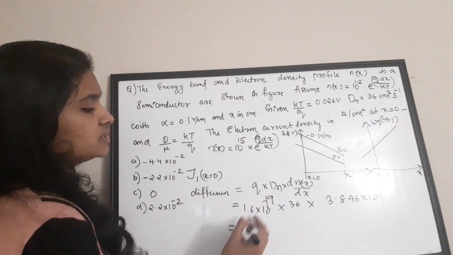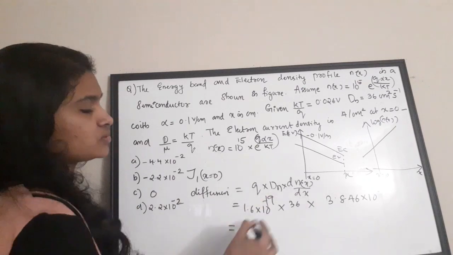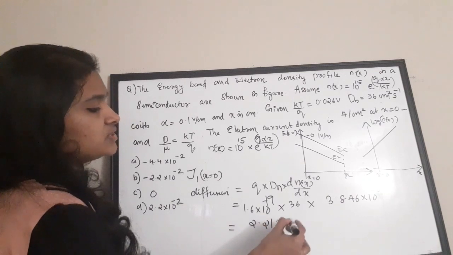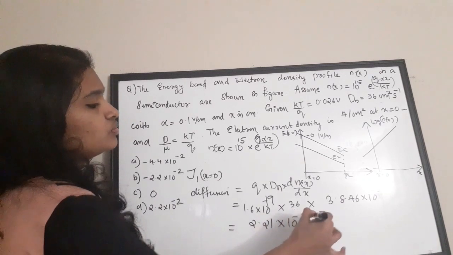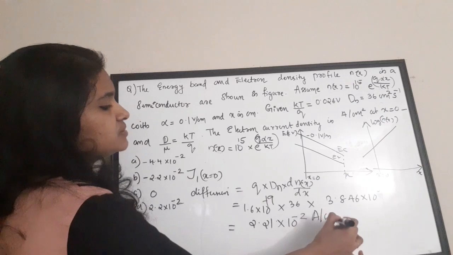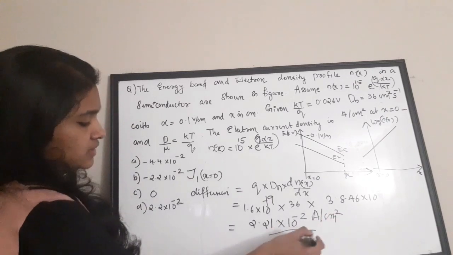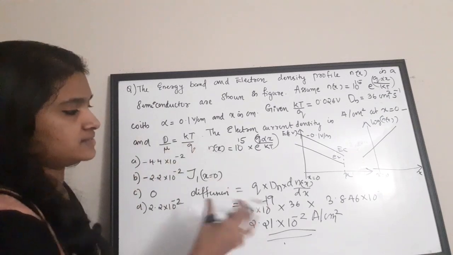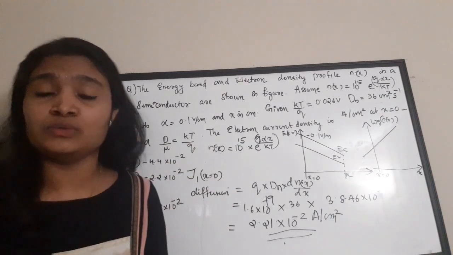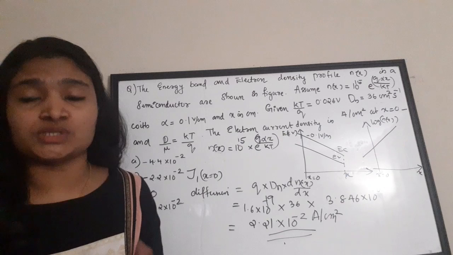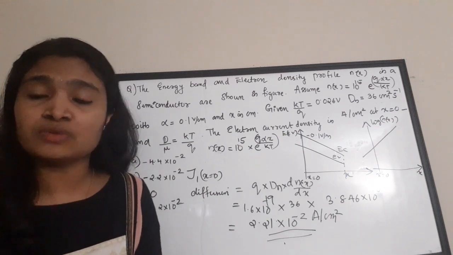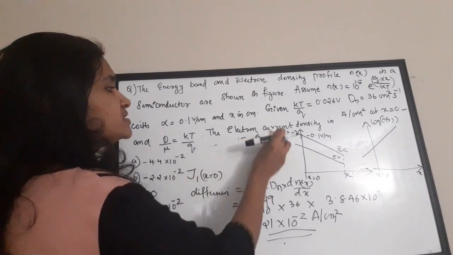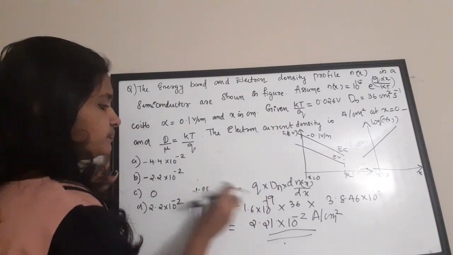Okay, if you solve it, take the product of these three terms, you will get the value as 2.21 into 10 raised to minus 2 ampere per centimeter square. Okay, so this will be your value for the diffusion current density. We have obtained the value of the current density due to diffusion. Next, we have to find the value of current density due to drift. Okay, so let us try to first write the general equation.